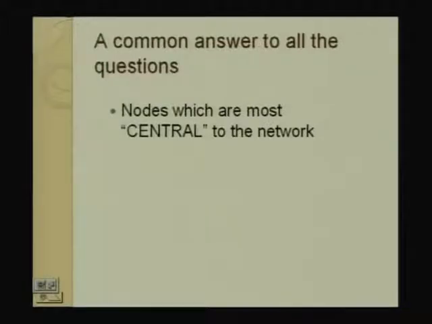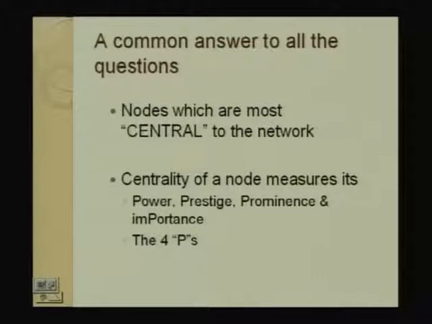So we have to define some sort of mathematical notion of centrality for the nodes in the network. Before going to the mathematics, let's look at a very simple, vague definition. This is a very good vague definition. It helps you remember what centrality is. It says there are 4 P's, and nodes which have all these 4 P's are really central.